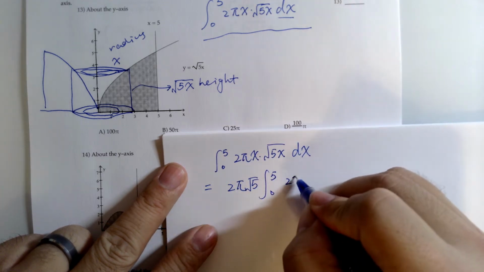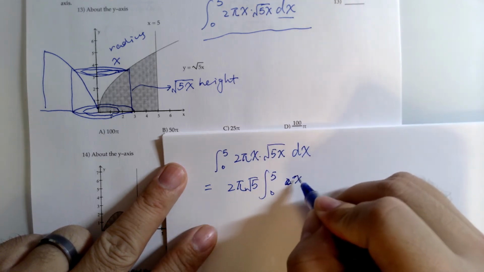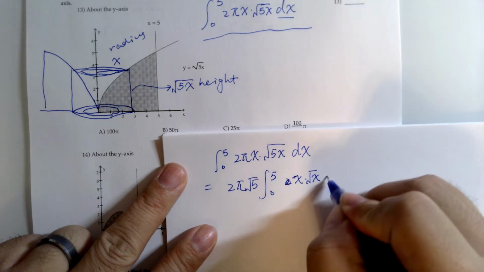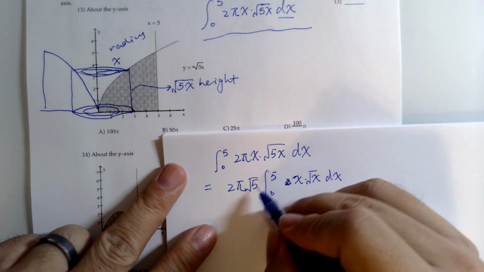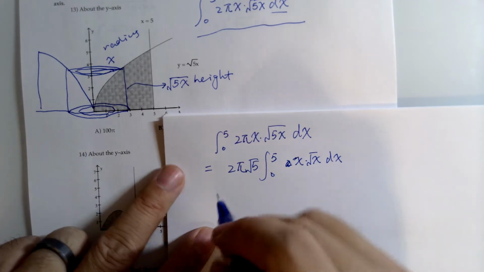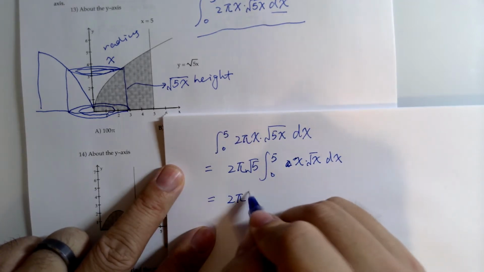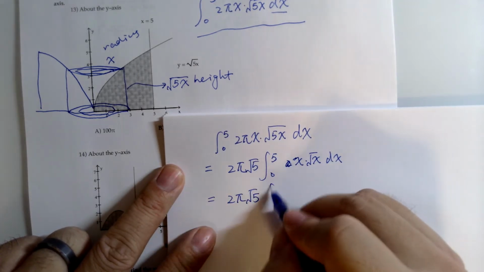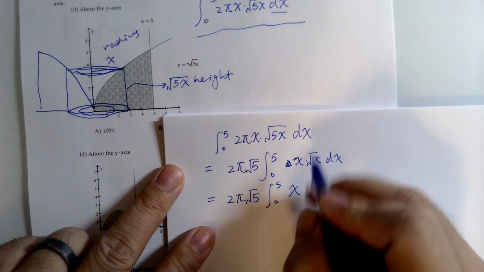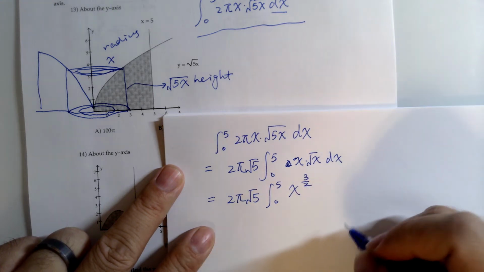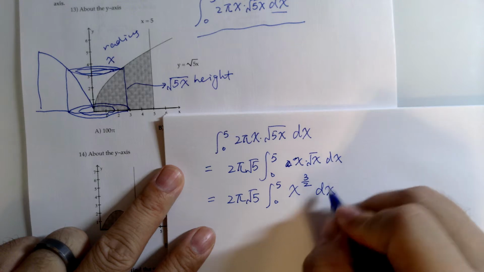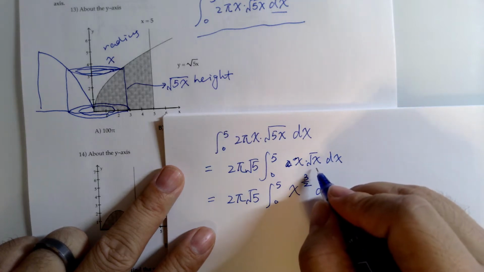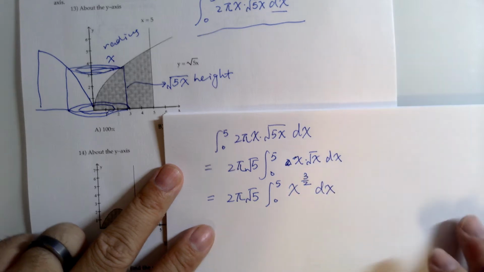What is left is x times square root of x dx, because I factored square root of 5 out. And then we can rewrite this as x to the power of 3/2 dx, because x square root of x can be rewritten as x to the power of 3/2.